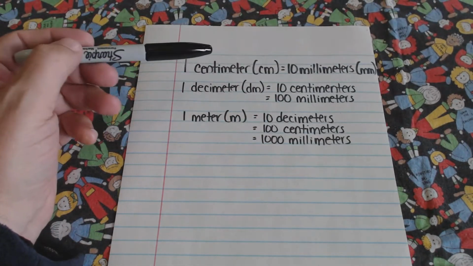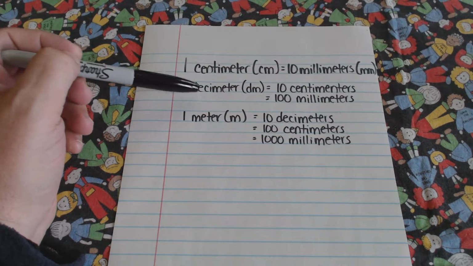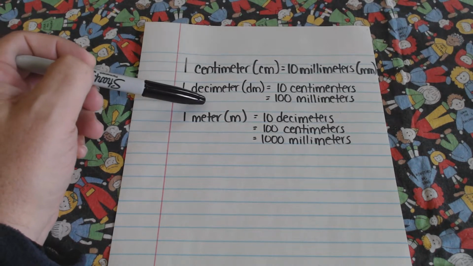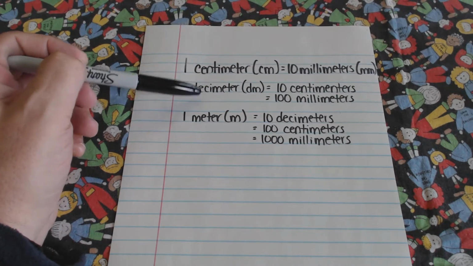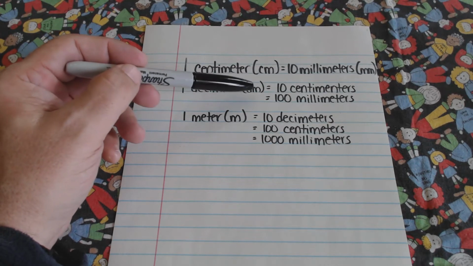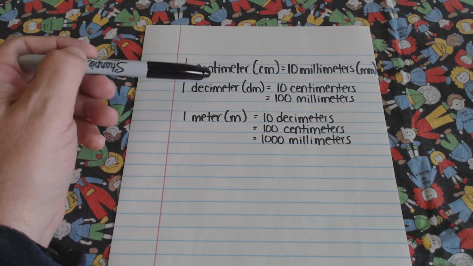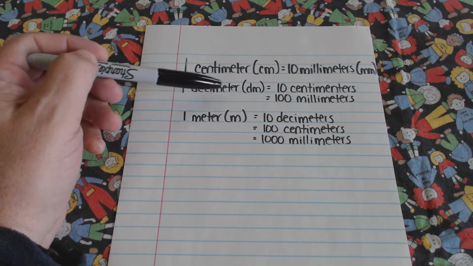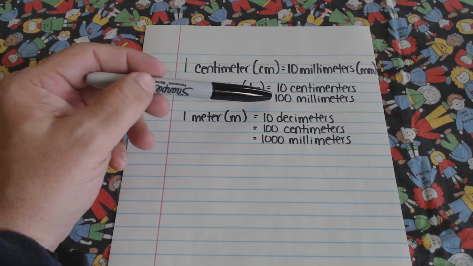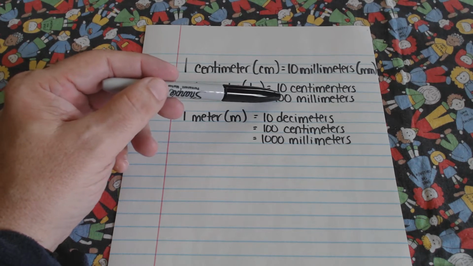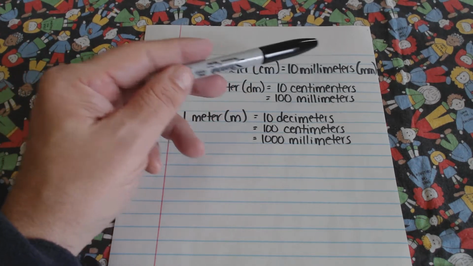No periods on these. 1 decimeter, notice DEC is our prefix meaning 10, that's abbreviated dm, is equal to 10 centimeters. So a centimeter is smaller than a decimeter. And a decimeter is equal to 100 millimeters.